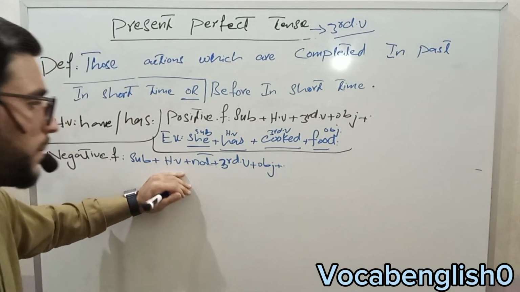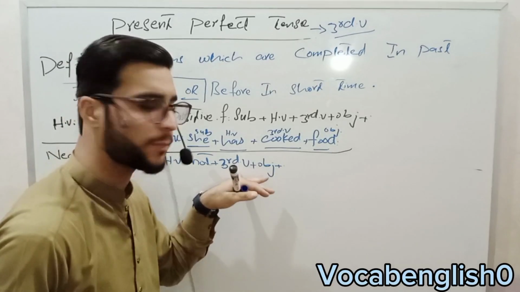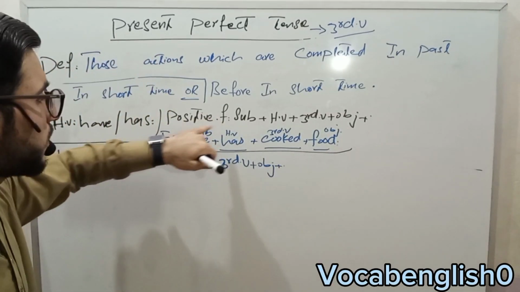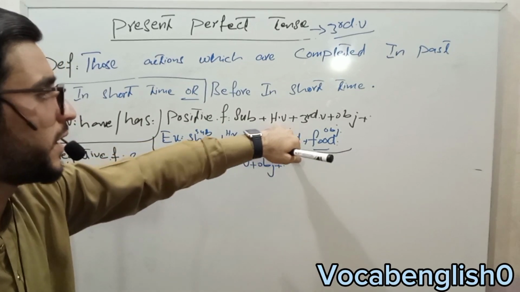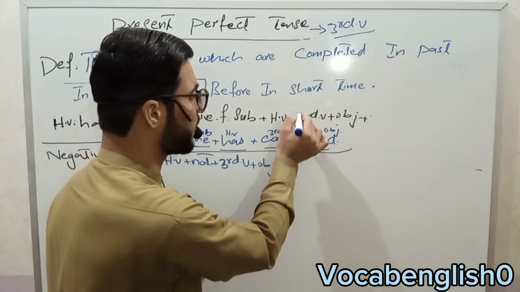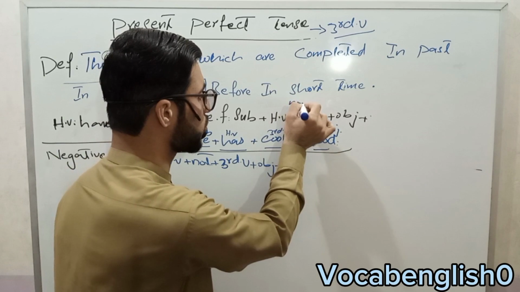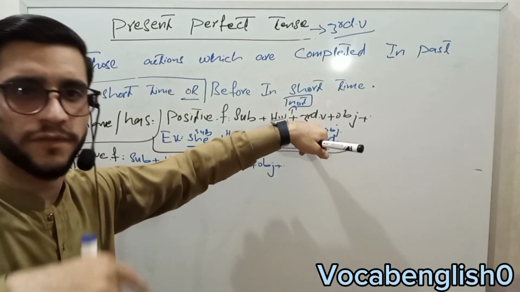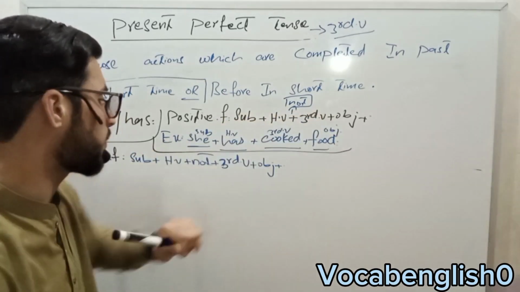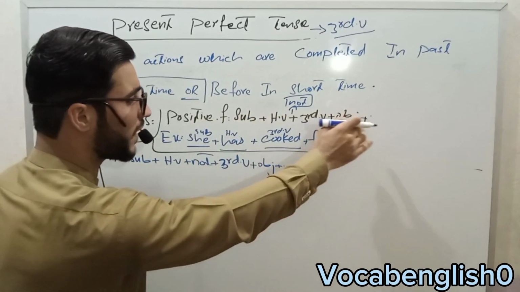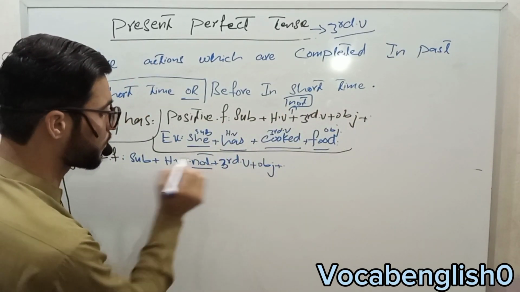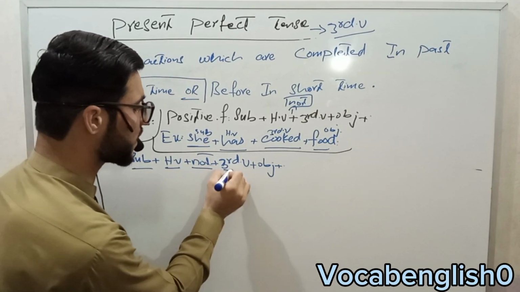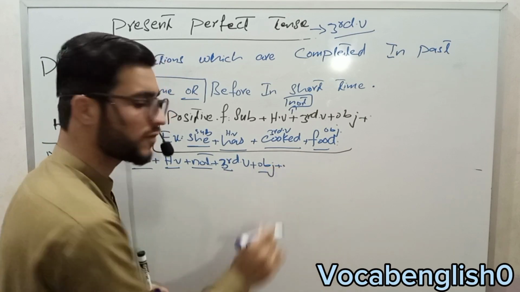Between the subject plus helping verb and the third form of verb, not will come. That is the negative formula. The formula is the same, we just put not.